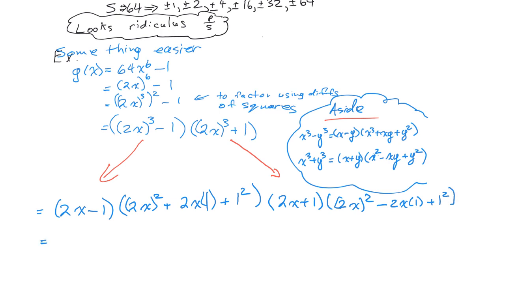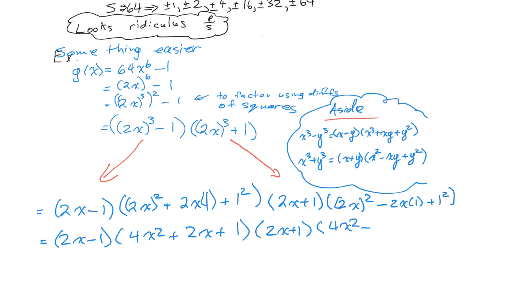And now we simplify. So now g of x turns into 2x minus 1 times 4x squared plus 2x plus 1 times 2x plus 1 times 4x squared minus 2x plus 1.